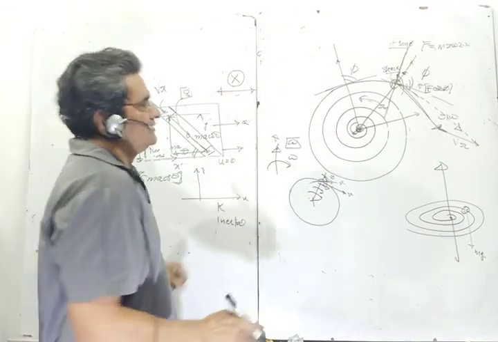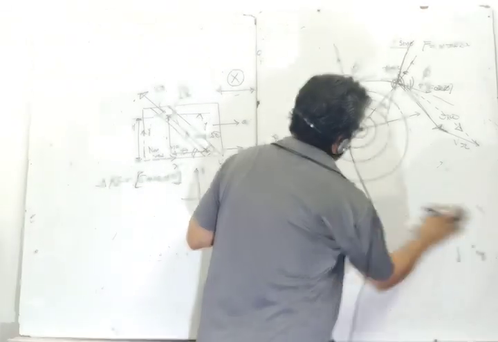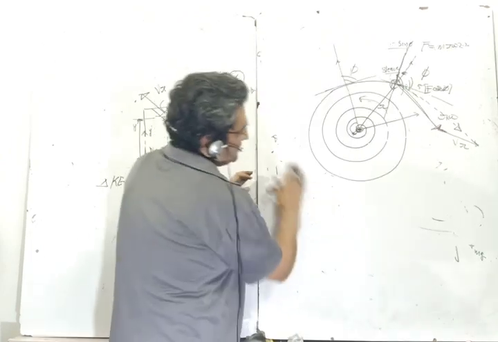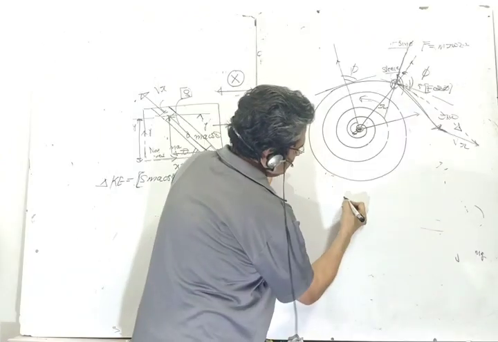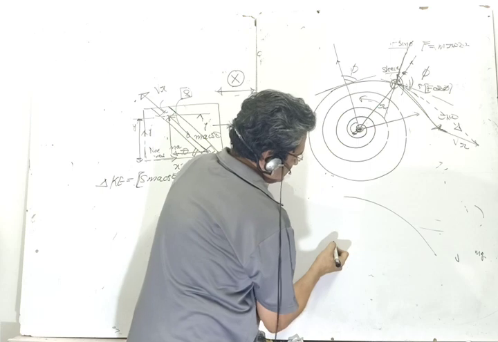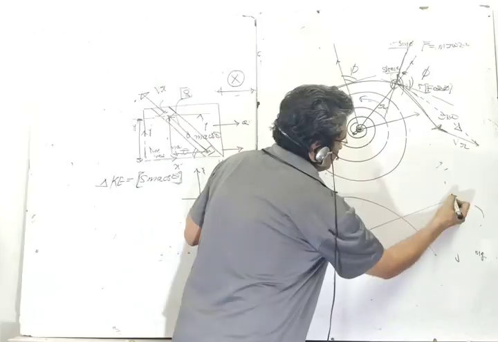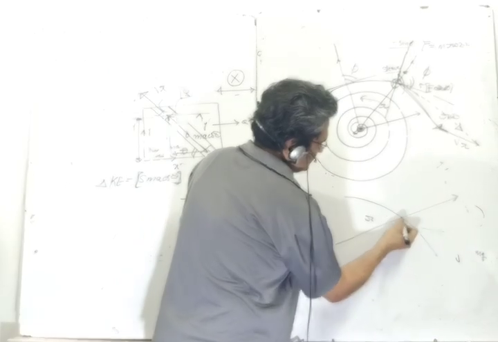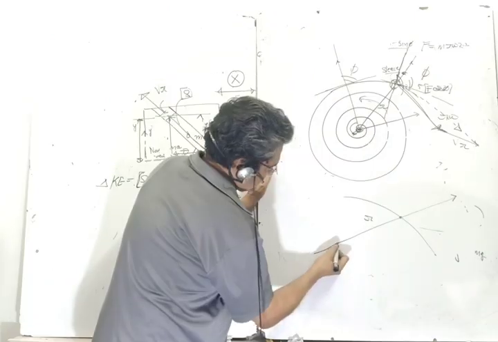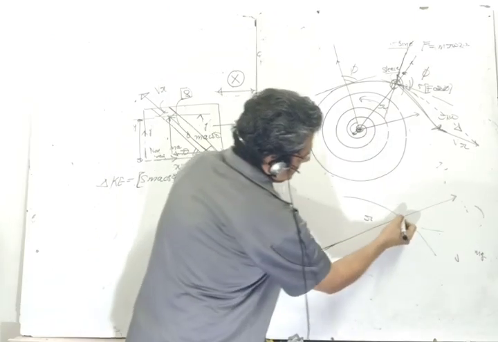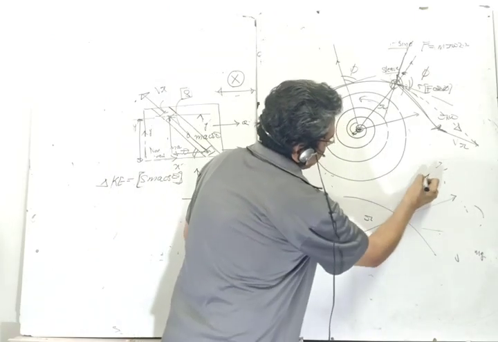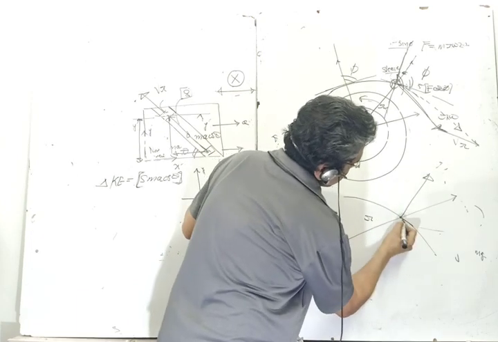What is that? Now very interesting thing comes, you see. If I draw the blown up view of this, this is how this R is there. This is the point of rotation, and this is normal, and this is along the tangent.